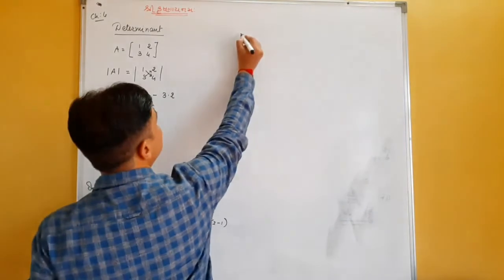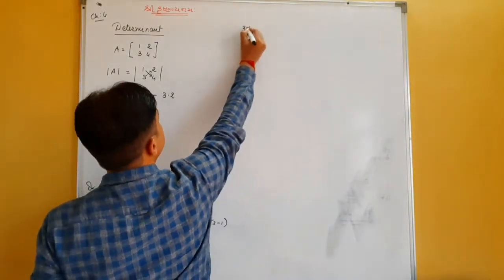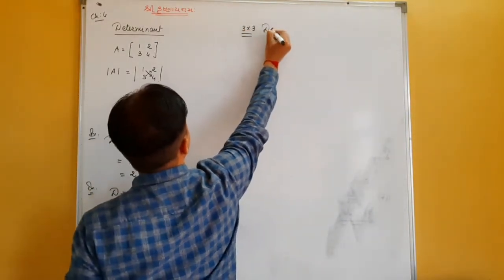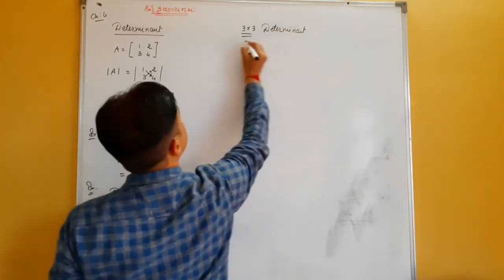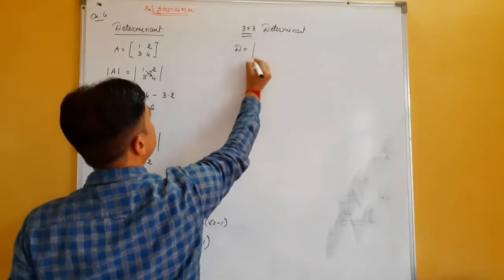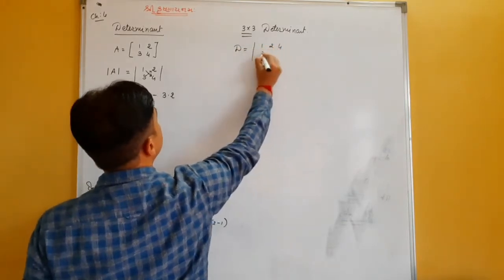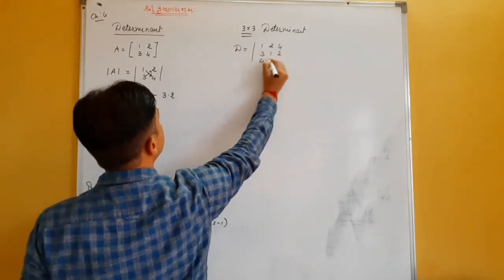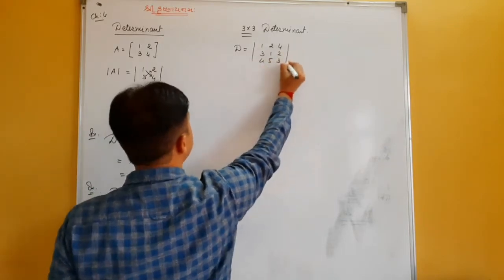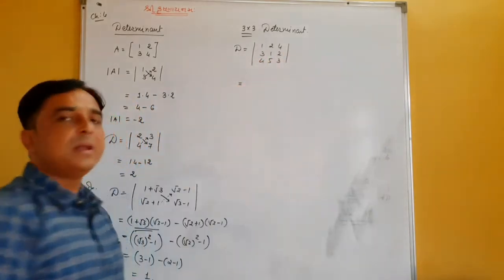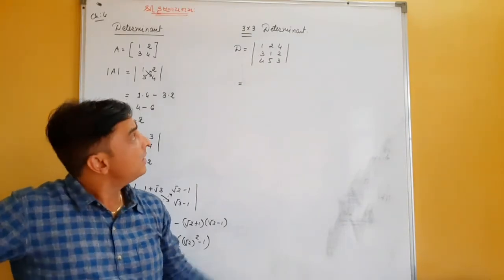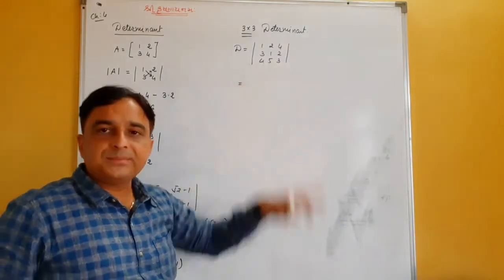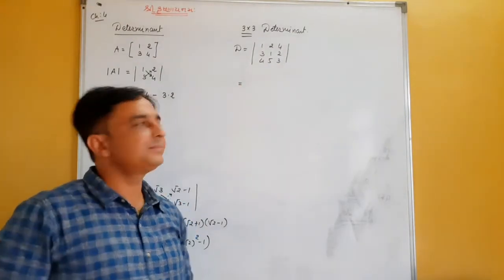Now for a 3 by 3. Suppose determinant B: 1, 2, 4, 3, 1, 2, 4, 5, 3. Find the value of this determinant, or simplify this determinant.